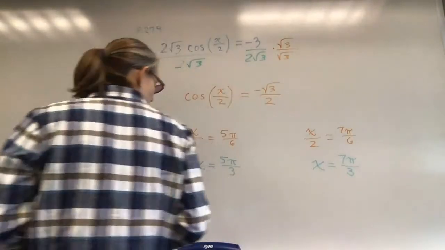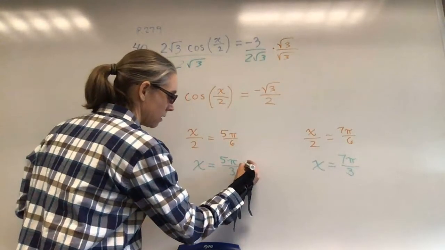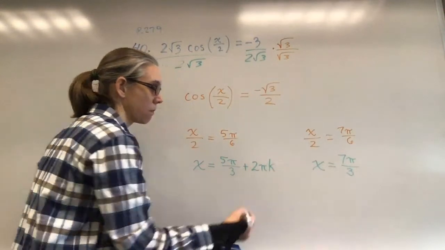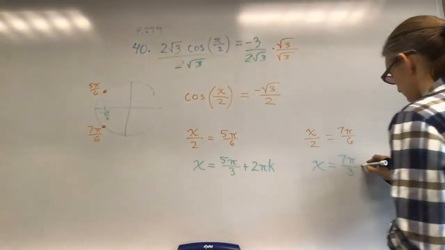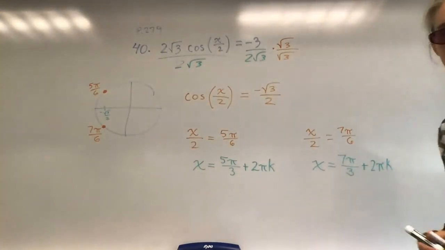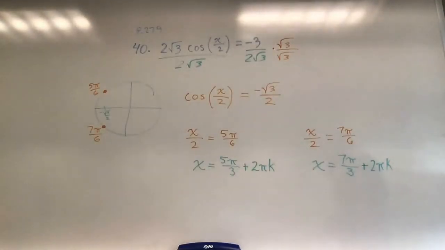So we are going to be adding 2 pi k, and by adding 2 pi k to each of these solutions, then we do in fact have all the solutions that we were looking for.